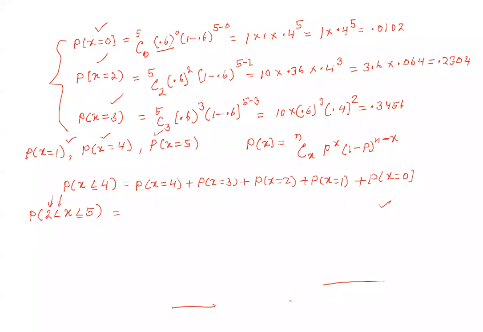So it's going to be probability of X is equal to 3 plus probability of X is equal to 4 plus probability of X is equal to 5. Then you have all of these values here. You just add the corresponding probabilities, okay?